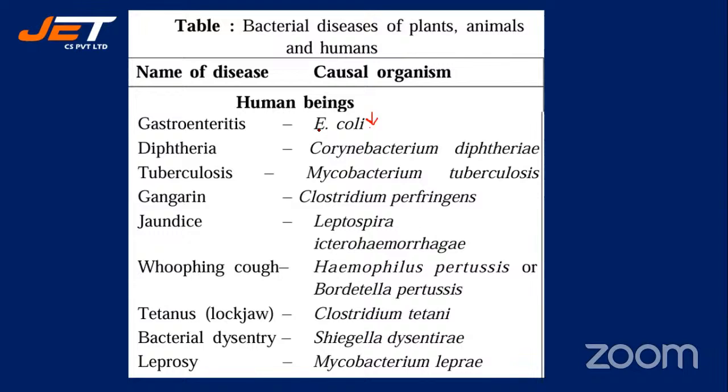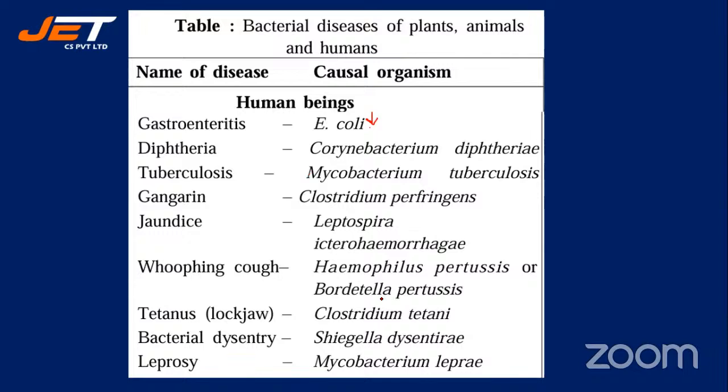Jaundice is Leptospira icterohaemorrhagiae. Whooping cough is Haemophilus pertussis or Bordetella pertussis. Tetanus is lockjaw, Clostridium tetani. Bacterial dysentery is Shigella. Leprosy is Mycobacterium leprae.